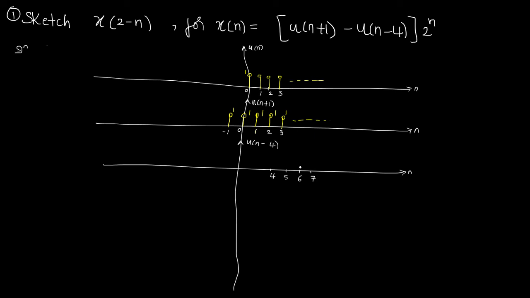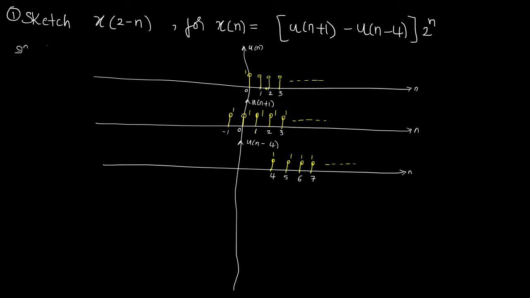It continues. I have to write the same signal u of n, but instead of starting from 0, I have to start from 4, because of the right shifting by 4 units. No change in the signal shape.